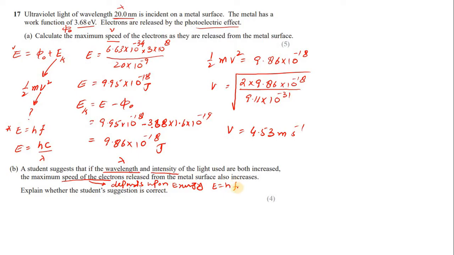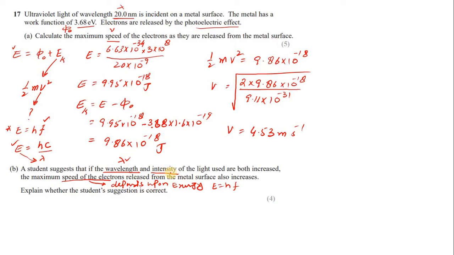E equals hf, as you see here, or energy is inversely proportional to the wavelength. So if wavelength is increased, energy of the incident photon decreases, so the electron will receive less energy. So instead of increasing, the speed of the electron is going to decrease if wavelength is increased.